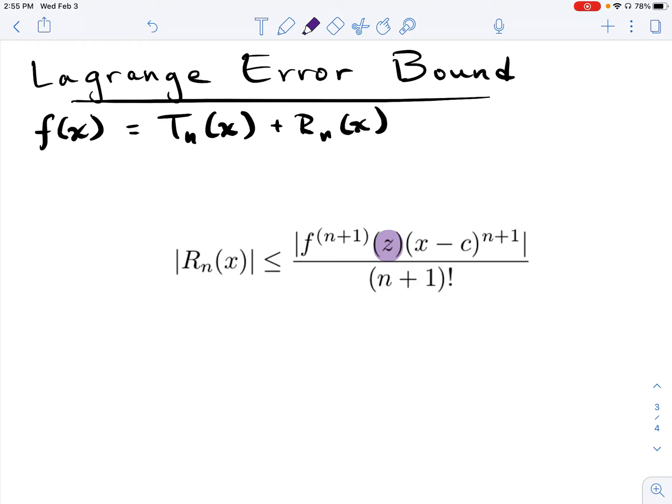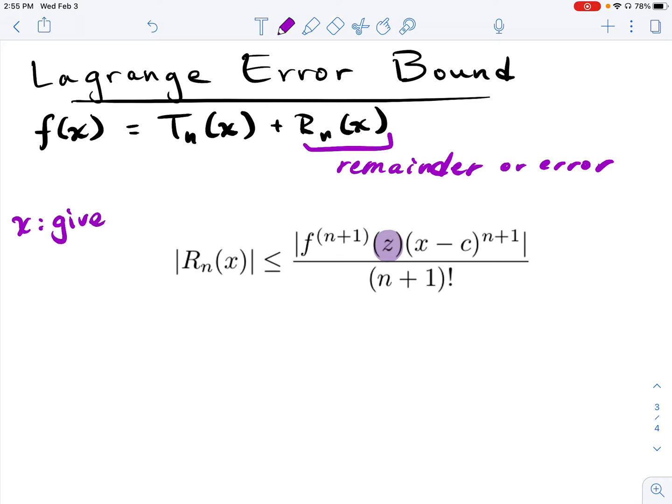Now let's pause and make sure we understand what we're saying here. First off, let me highlight a couple things. R sub n of x is our remainder, or our error. And x is our given x value, the value where we're trying to evaluate the function, and c is where our function is centered.